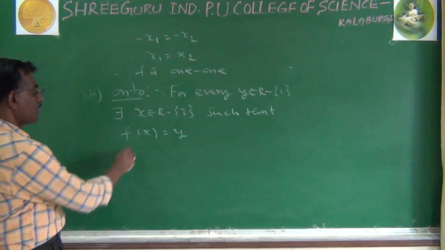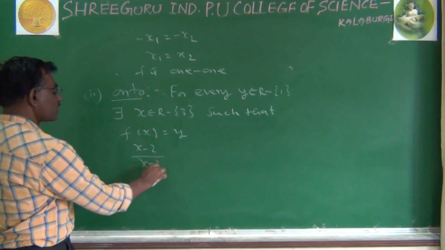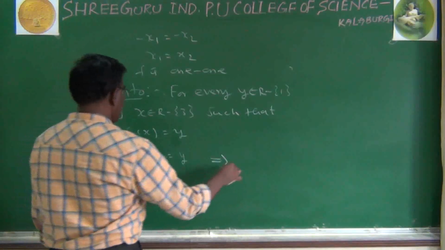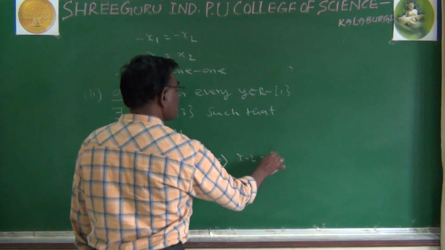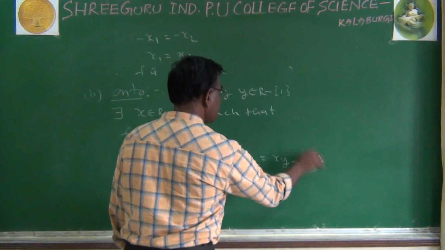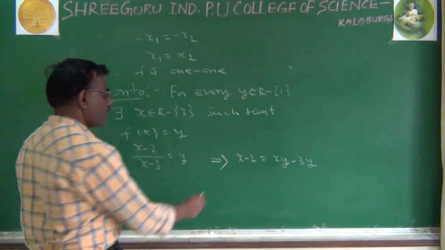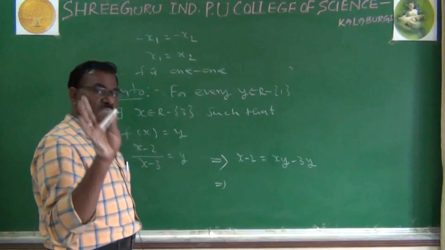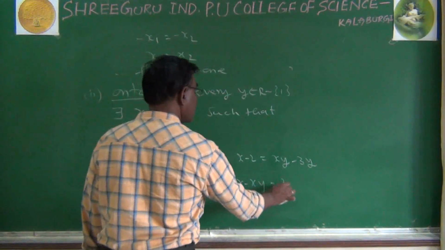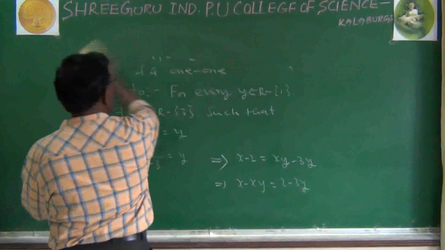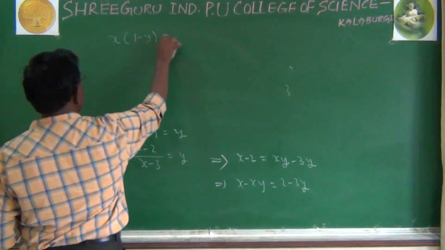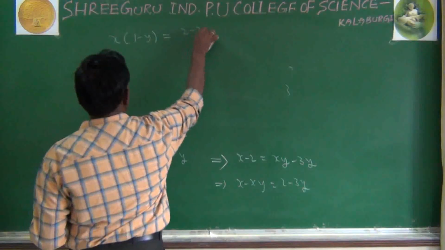What is f of x? x minus 2 by x minus 3 equals y. Cross multiply: x minus 2 equals xy minus 3y. You have to find x in terms of y. x minus xy equals 2 minus 3y. x common: x times 1 minus y equals 2 minus 3y.